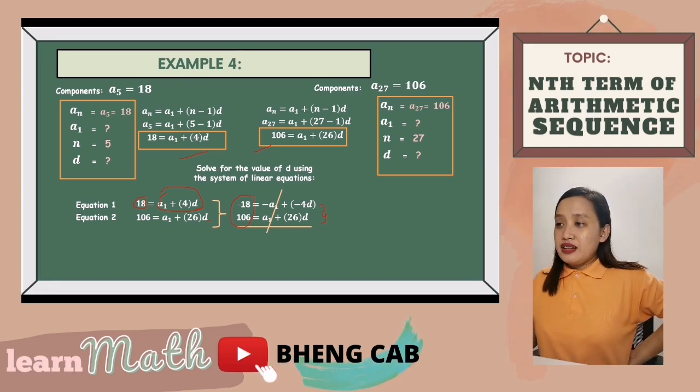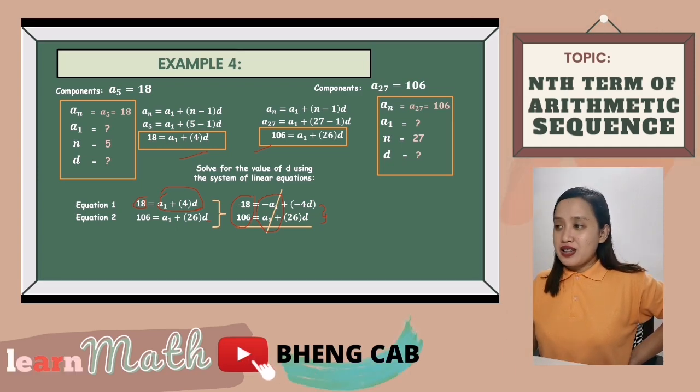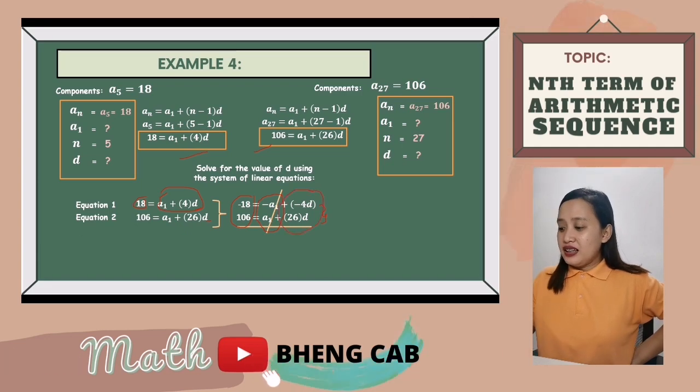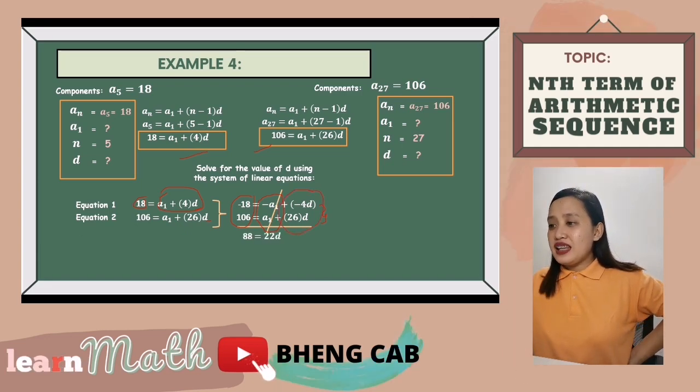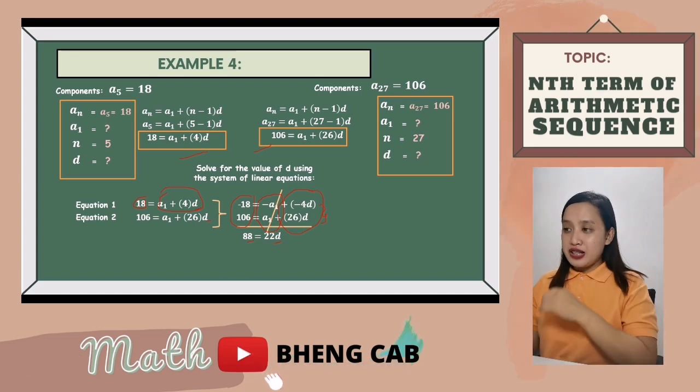Tapos, ito ng negative 1, a sub 1, i-add din natin dito sa ating positive a sub 1. So, bakit may linya dyan? Kasi makakancel siya. So, negative tsaka positive. Tapos, ito ring dalawa, kailangan natin i-add. Okay, we'll come up with 88 equals to 22D. So, wala na yung term na may a sub 1. Instead, we have here a constant at meron tayo ditong with numerical coefficient na D.